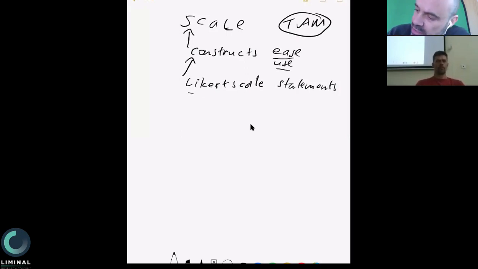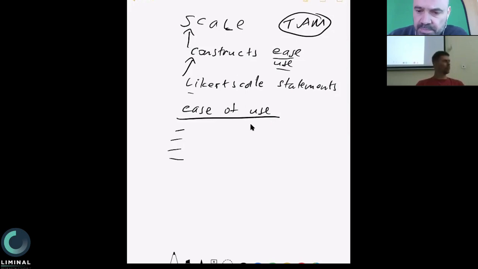So say, for instance, I have ease of use as the construct, and then I have a few Likert scale questions that I ask about the ease of use. You all fine with this? This construct I'm talking about here, sometimes they call it factors, themes, or dimensions of the scale. There are different ways to look at it.